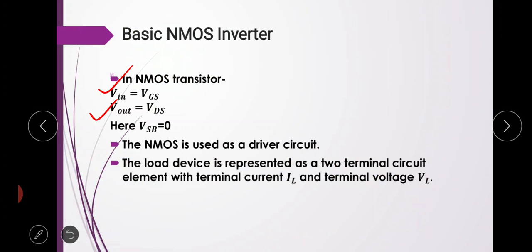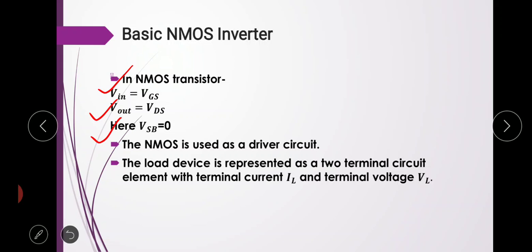The source and the substrate terminals of the NMOS transistor are connected to ground potential, so VSB equal to 0. The NMOS is used here as a driver transistor, and why NMOS is used as a driver transistor has already been discussed in the video on the CMOS transistor.